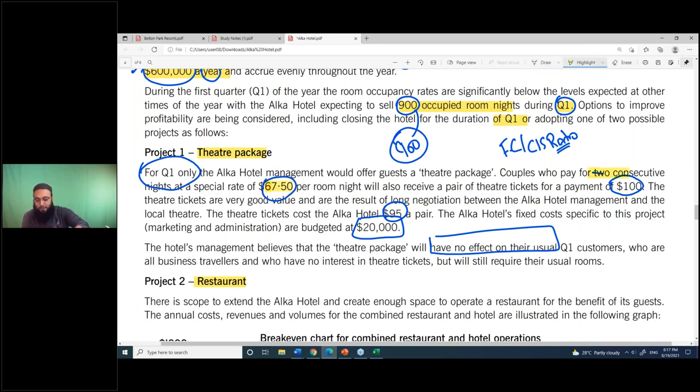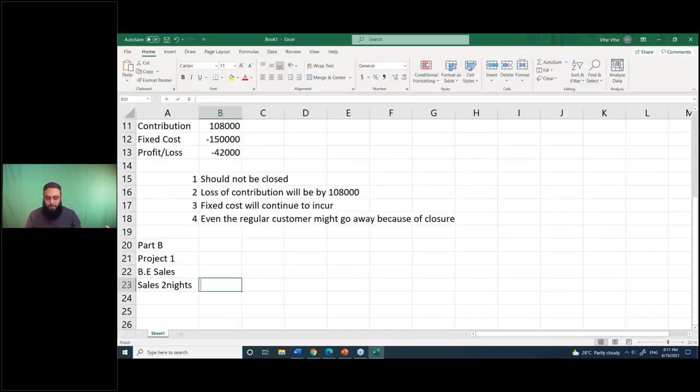They pay 67.5, so I'll multiply 67.5 by 2. This will give me the sales for 2 nights, so that's 135. Then the sales value that I will get through the tickets.